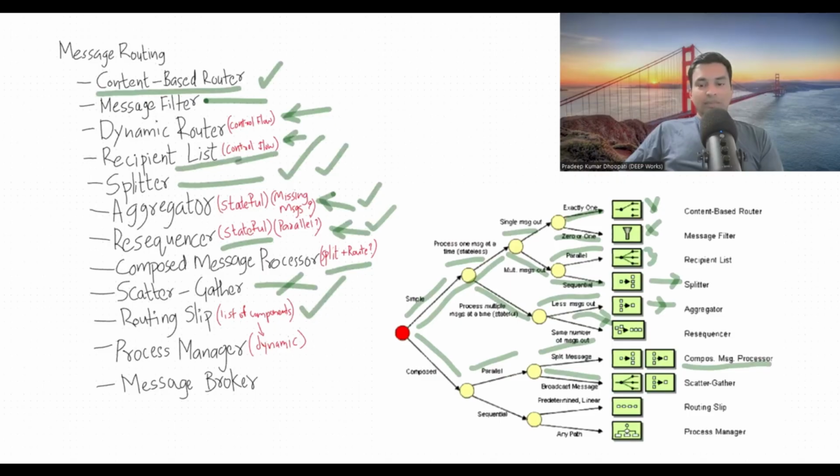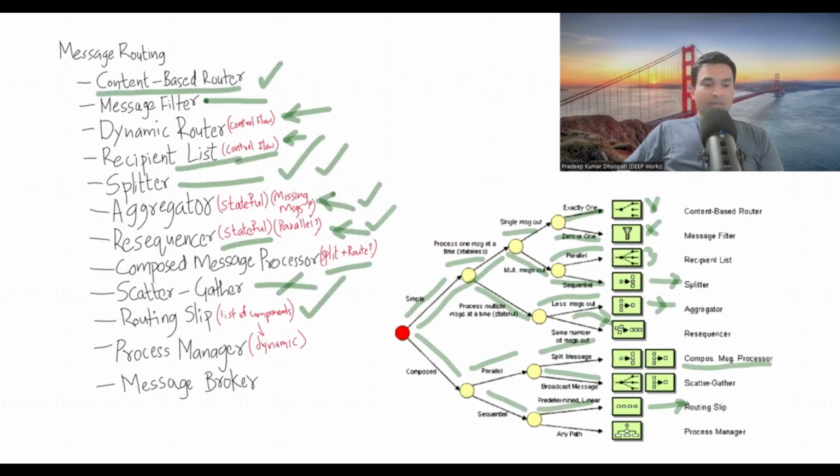And in those situations, we will use a routing slip pattern, which is essentially a sequential, predetermined linear flow.